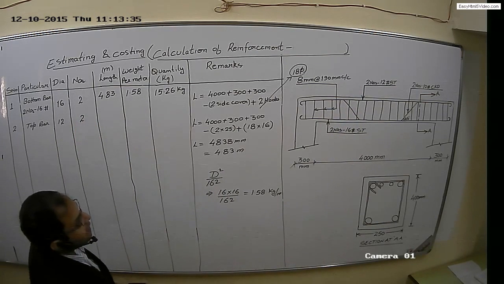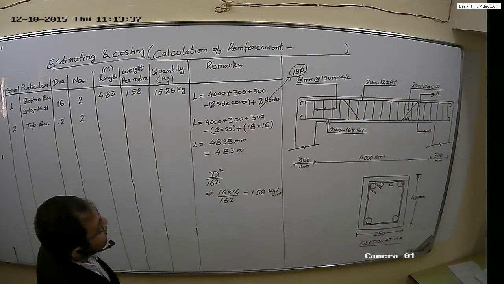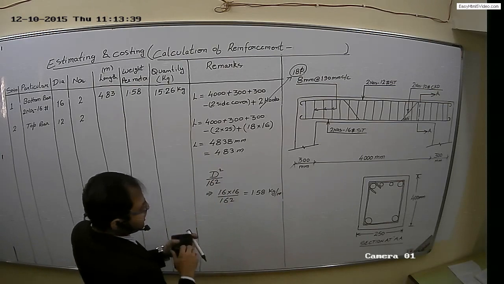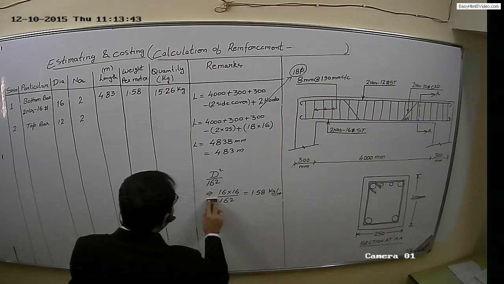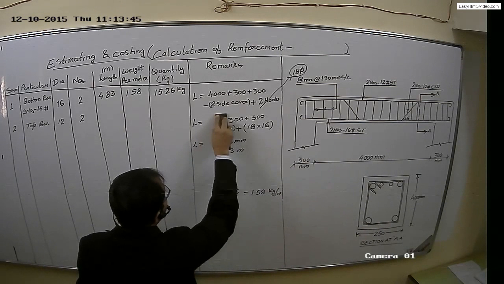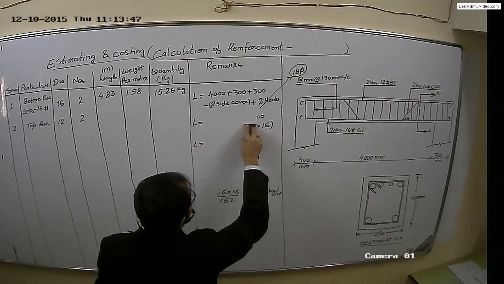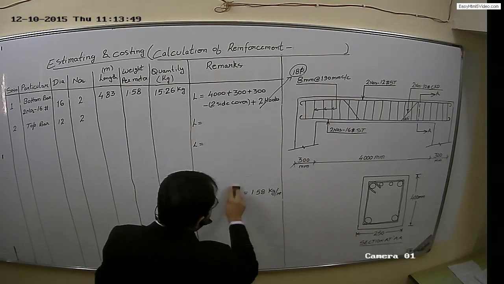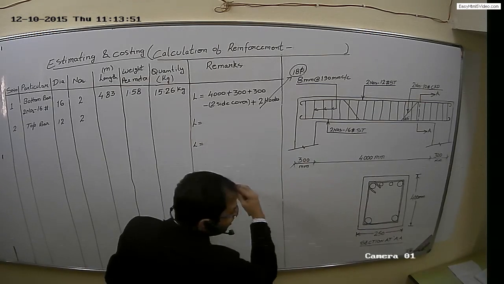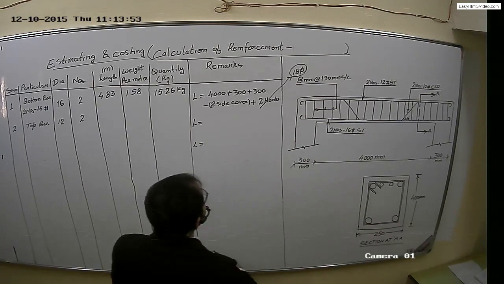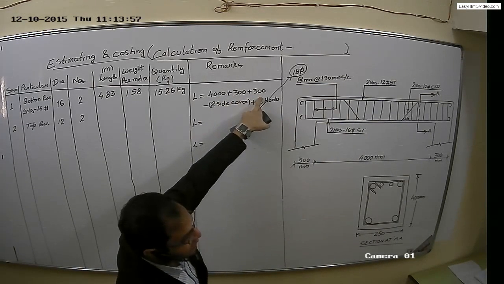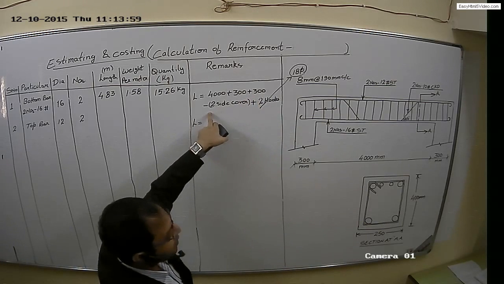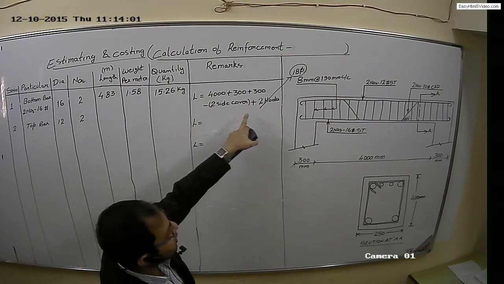The length can be calculated in a similar fashion, and we'll calculate the length of the top bar. The only change will be of the hook. So 4000 plus 300 plus 300 for support, then minus 2 side covers, which are the same, plus 2 hooks.